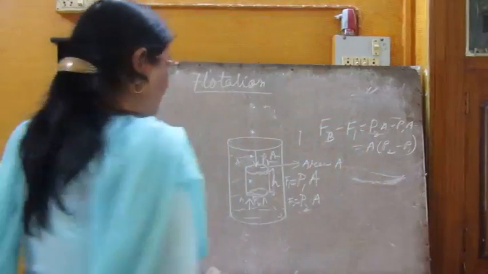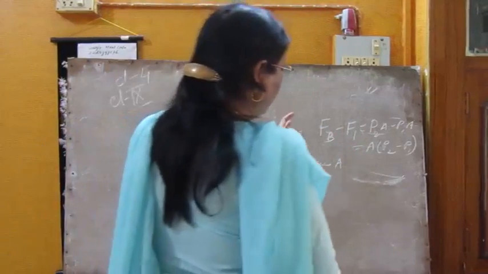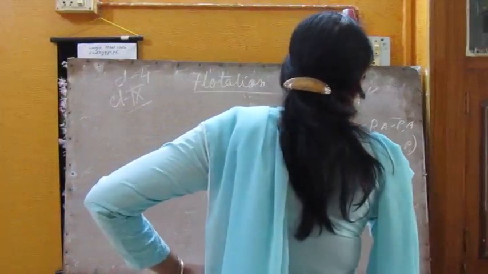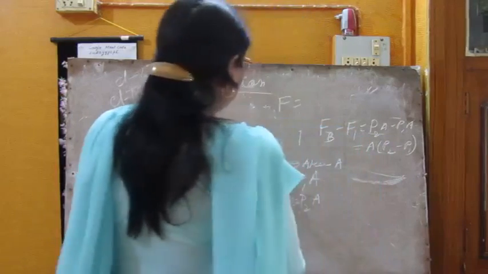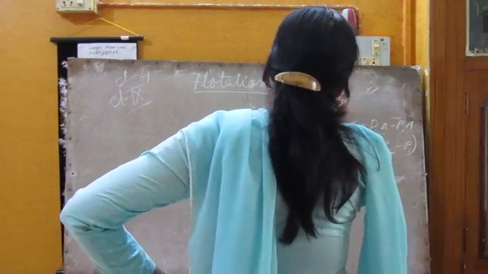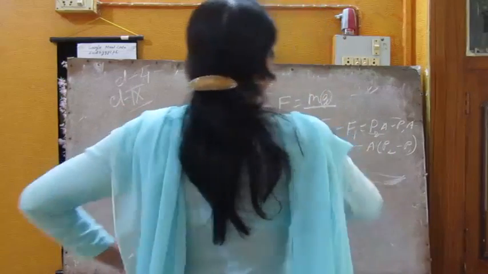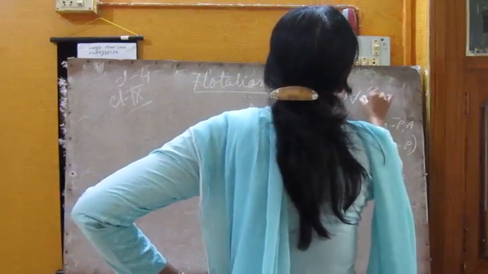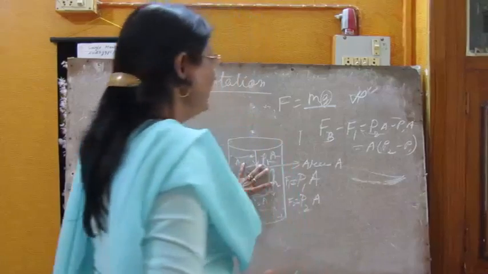Now, buoyancy force. We know that force is nothing but the weight. So F equals the weight of the water, which is mg, where g is the acceleration due to gravity and m is the volume times rho, where rho is the density of the liquid.